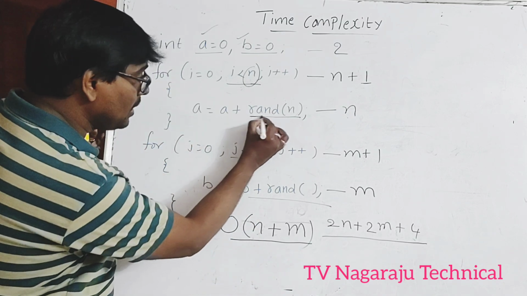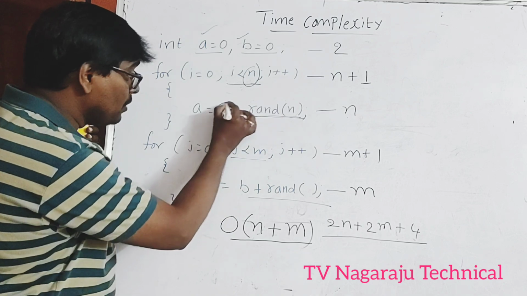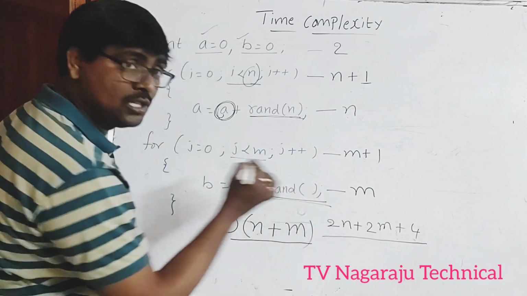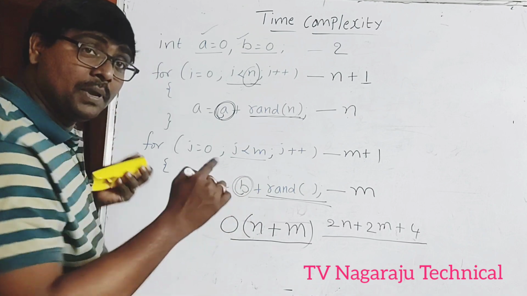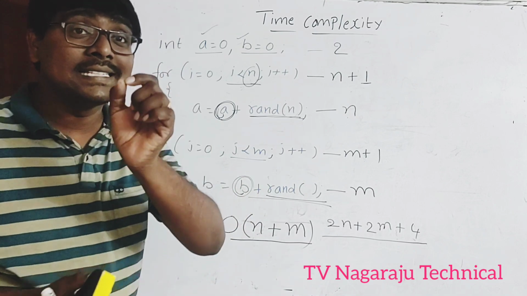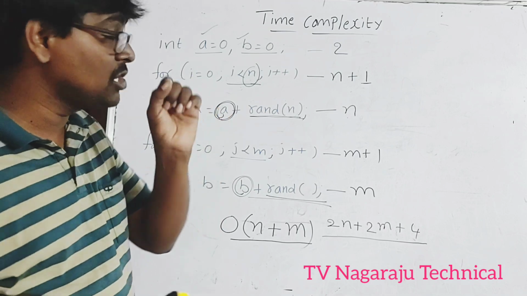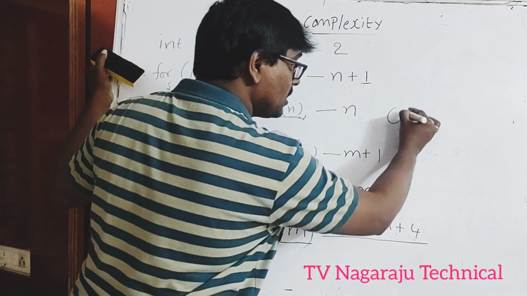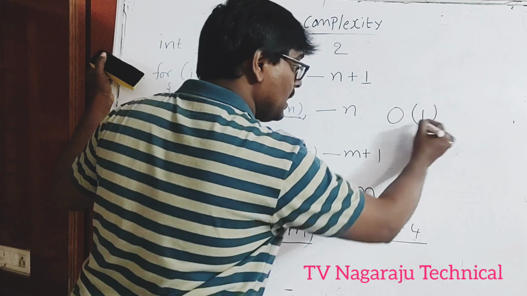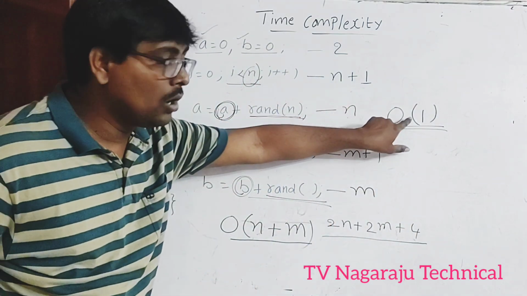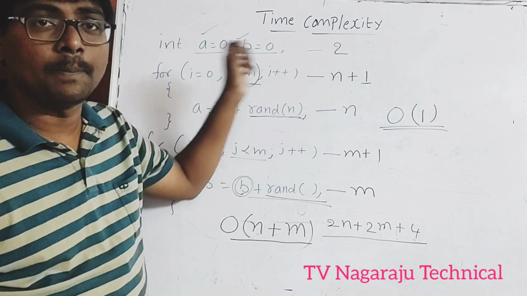Here the randomly generated number, within A only the value is updated. Here the randomly generated number, within B only the value is updated, meaning it does not require any additional space. So the space complexity for this algorithm is simply a constant. That means big O of 1 is the space complexity.